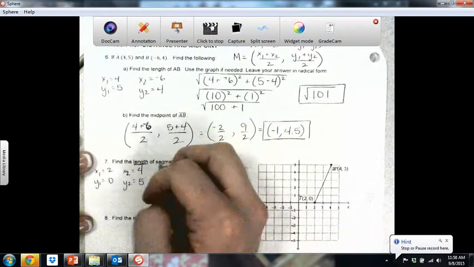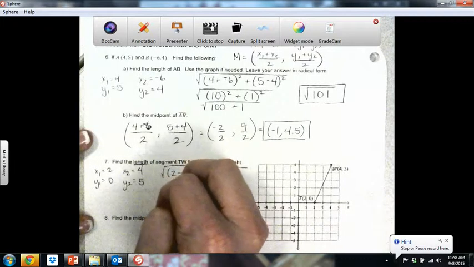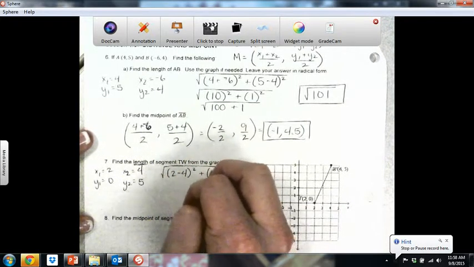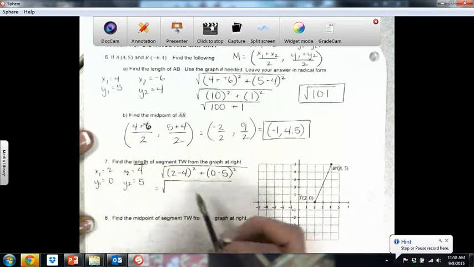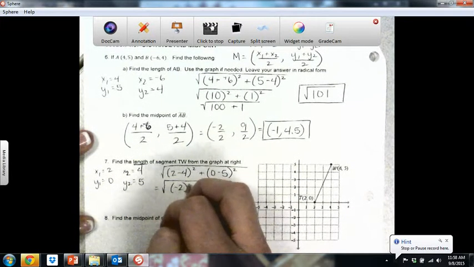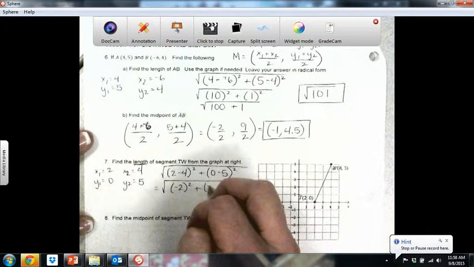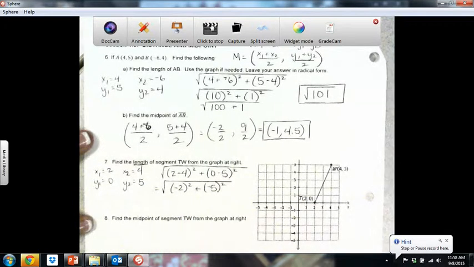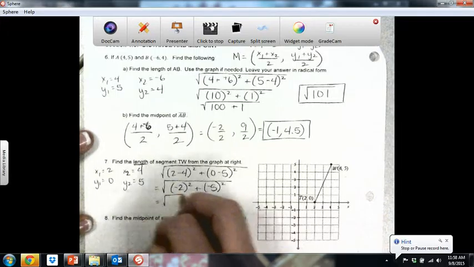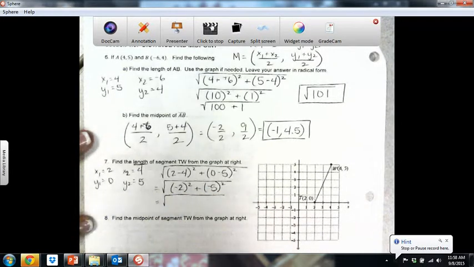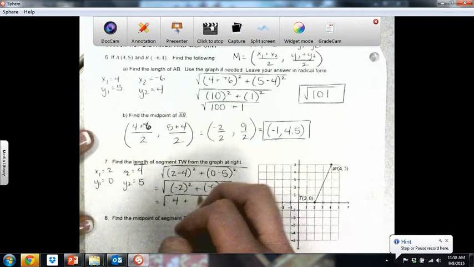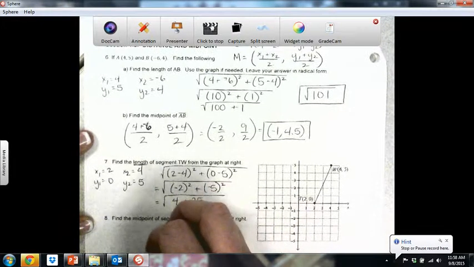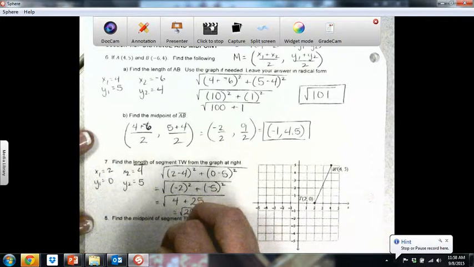So the distance formula is going to have me do 2 minus 4 squared plus 0 minus 5 squared. This is the square root. 2 minus 4 is -2 squared, and 0 minus 5 is -5 squared. Then I get the square root of -2 times -2, that's going to be a positive 4. -5 times -5 is 25. So my answer here is the square root of 29.